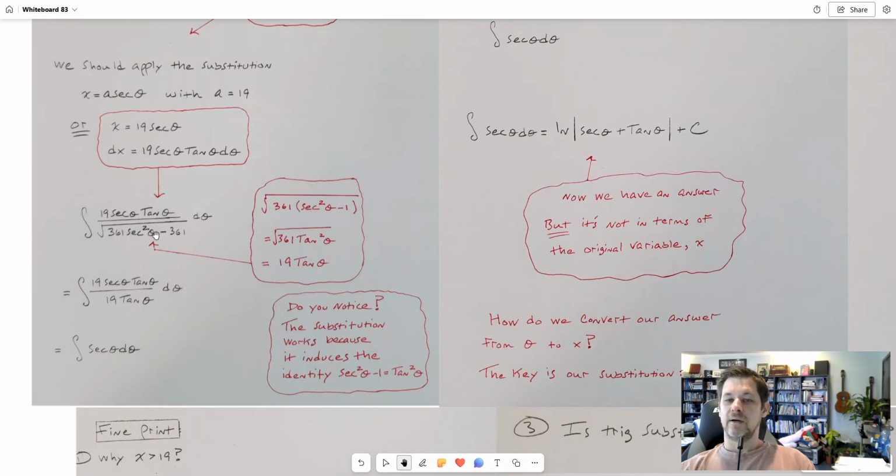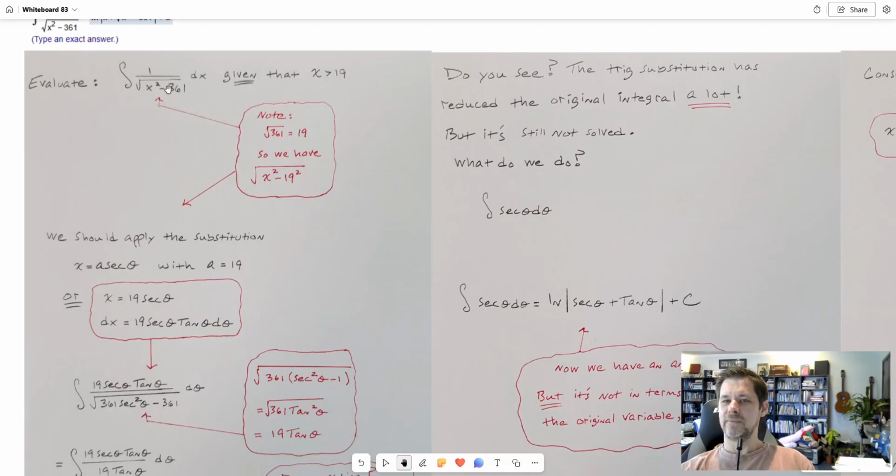A lot of simplifying happens in these integrals with trig substitution at this point. In this case, I could factor out 361 from these terms, and then I get 361 times the quantity secant squared minus 1. But secant squared minus 1, there's an identity for that. It's tangent squared.